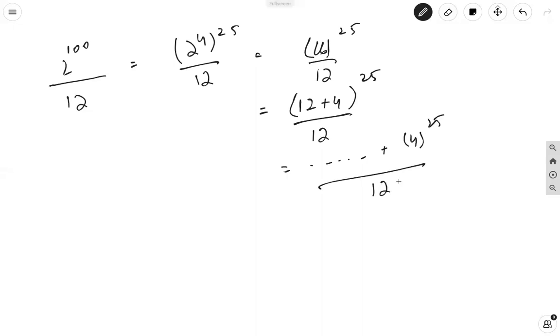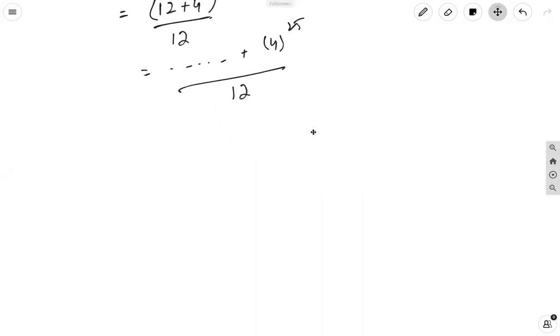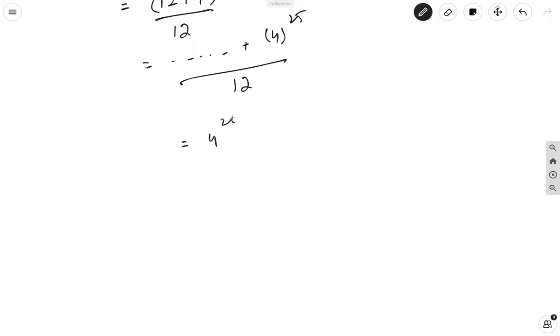And after this, we will move to 4 power 25 by 12. If I write it this way, 4 power 1 into 4 power 24 over 12. This is just the concept of exponents: when the bases are the same, the powers are added.